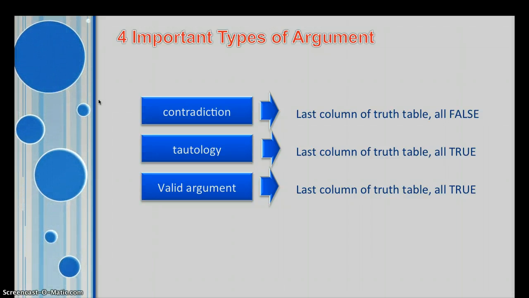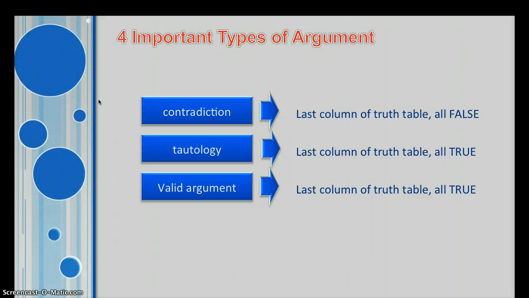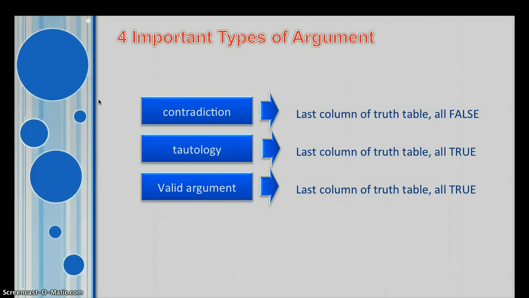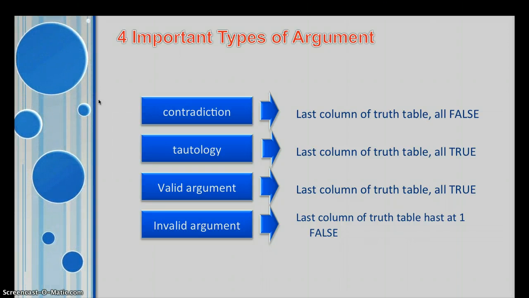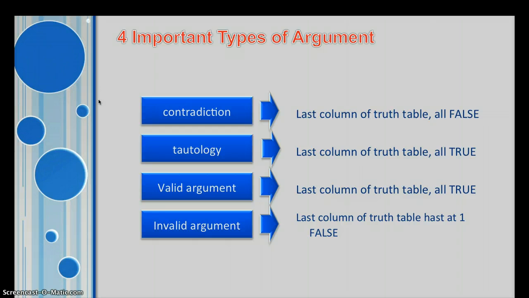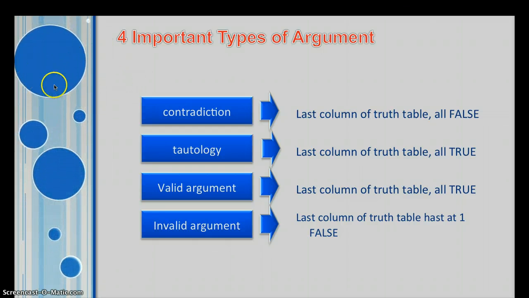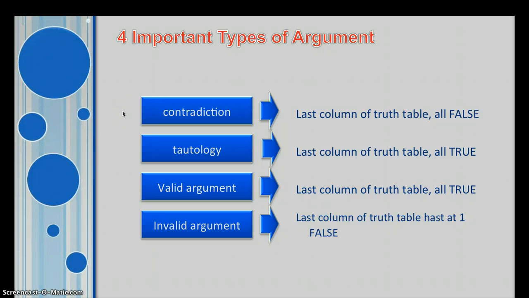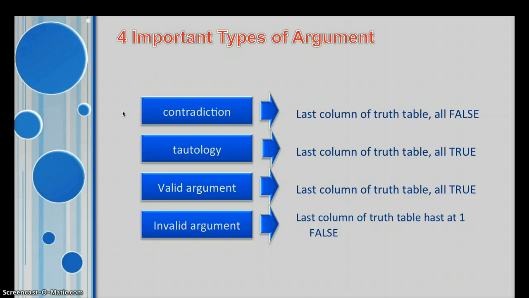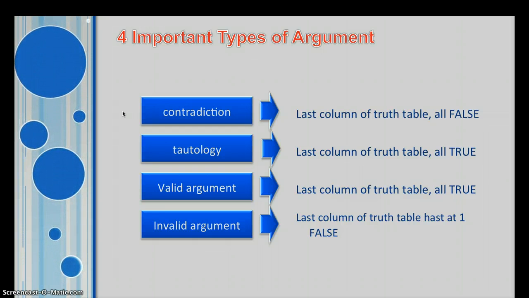It's a valid argument when the last column of your truth table is all true. It's invalid when the last column of your truth table has at least one false. Sorry, I made a mistake earlier, but it means the truth table should contain at least one false. So one or more false makes the argument invalid.